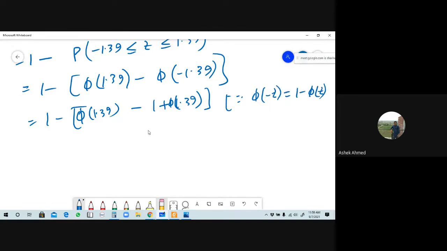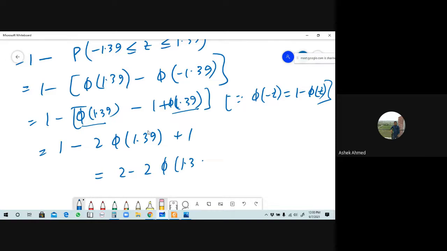So this will be phi plus phi of 1.39, that is also plus phi of 1.39, so that will be 1 minus 2 into phi of 1.39, and this is minus minus plus 1, so that will be 2 minus 2 into phi of 1.39. Now use the table.